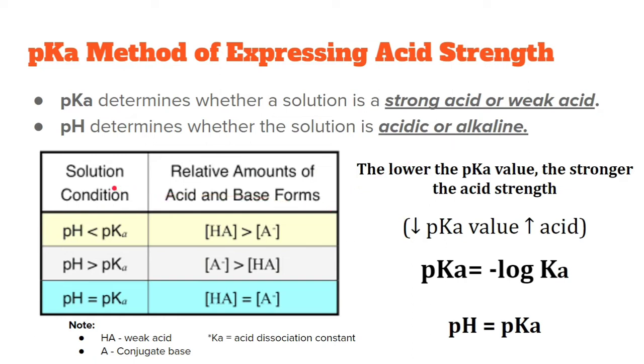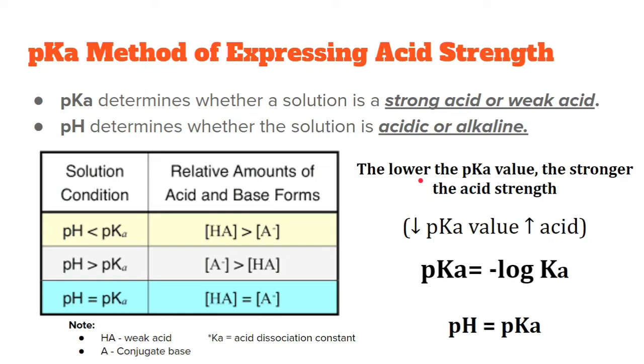These are the solution conditions and the relative amounts of the acid and base forms. HA is a weak acid and A is a conjugate base. Please take note that the lower the pKa value of a substance, the stronger the acid strength.